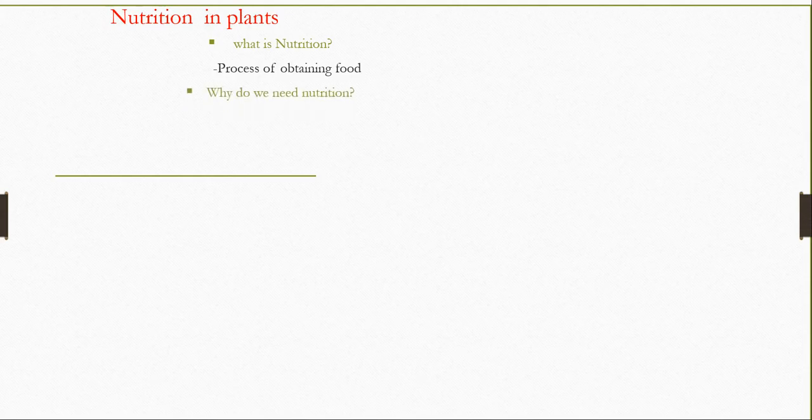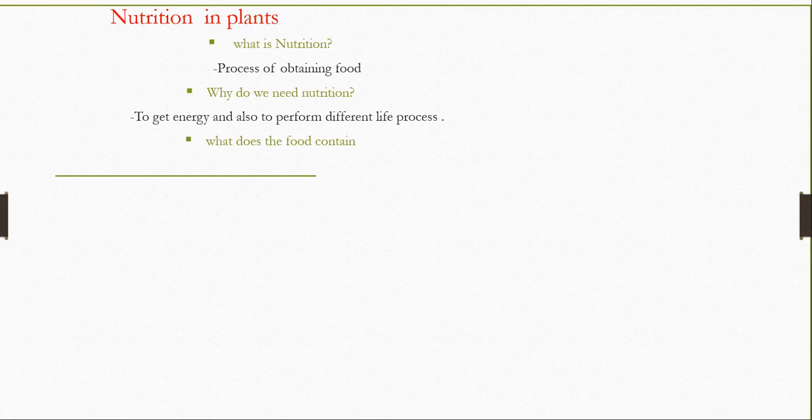Why do we need nutrition then? It means to get energy and also to perform different life processes. I already explained what life processes are: respiration, excretion, transportation, and growth and movement. These are all considered life processes.